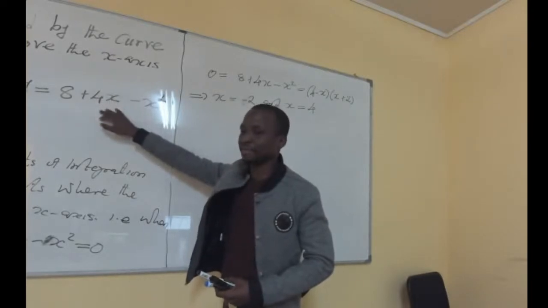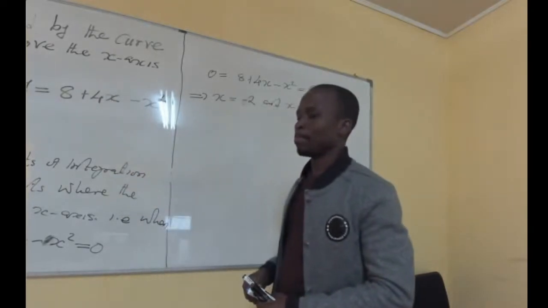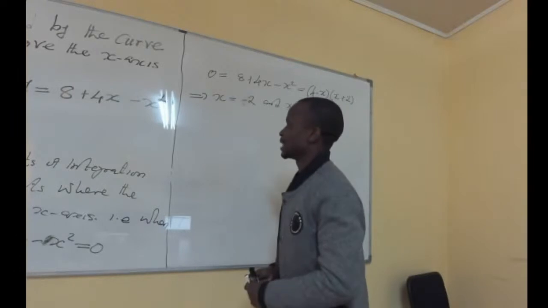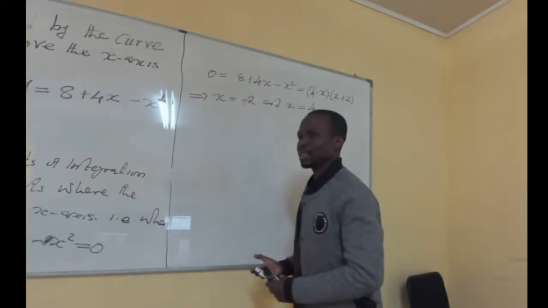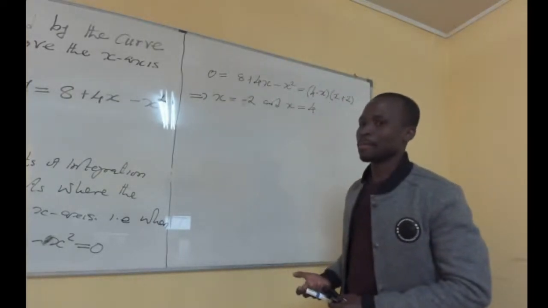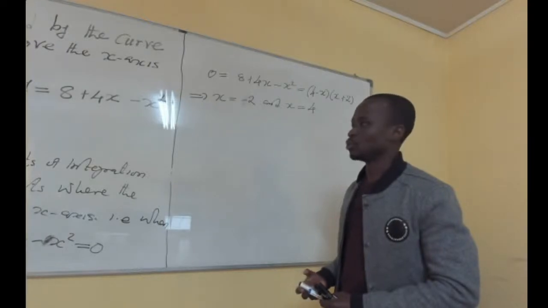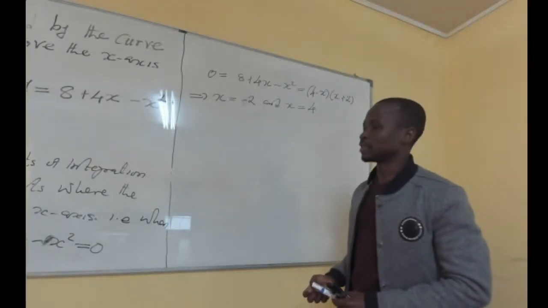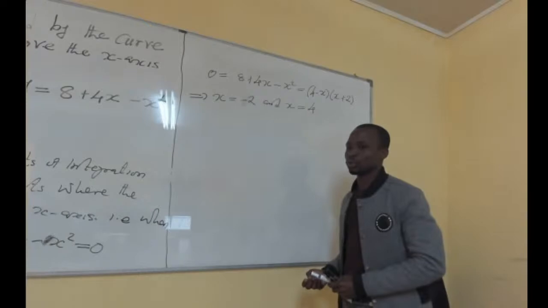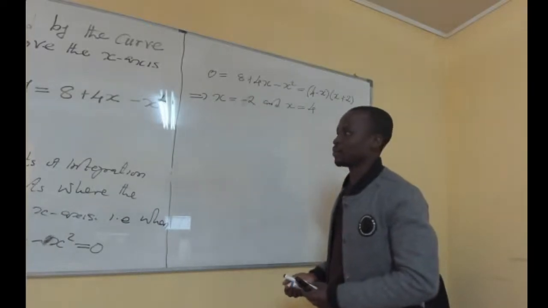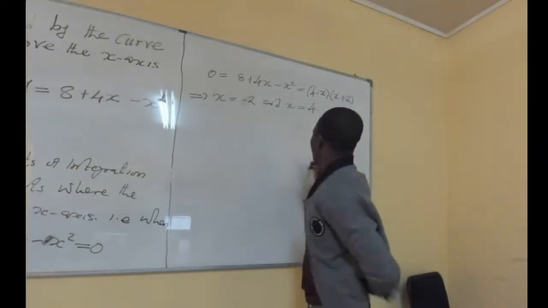So this is a quadratic function. The issue that we need to find is the turning point, which is negative b over 2a.